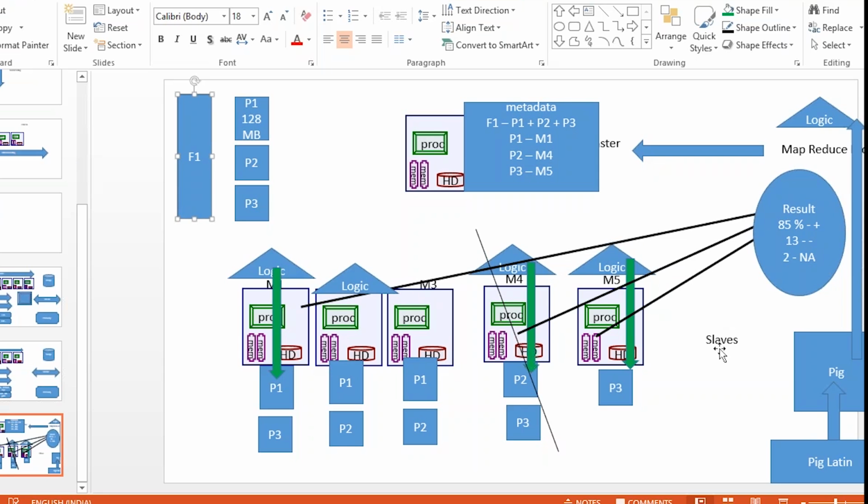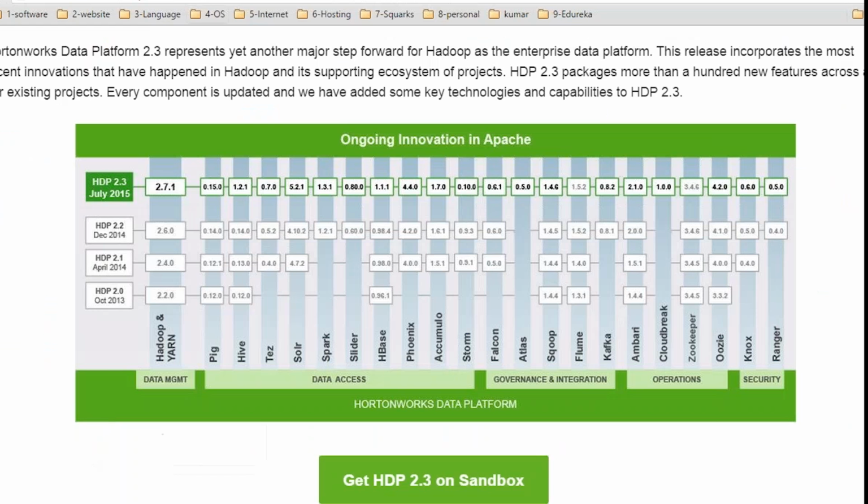Question from Rakesh: can we integrate different Java frameworks like Spring, Struts, Hibernate with Hadoop? No, Spring, Struts, Hibernate are all web frameworks. This is the framework to handle data processing. That's where the Lambda architecture comes into the picture. I showed you the Lambda architecture, right?